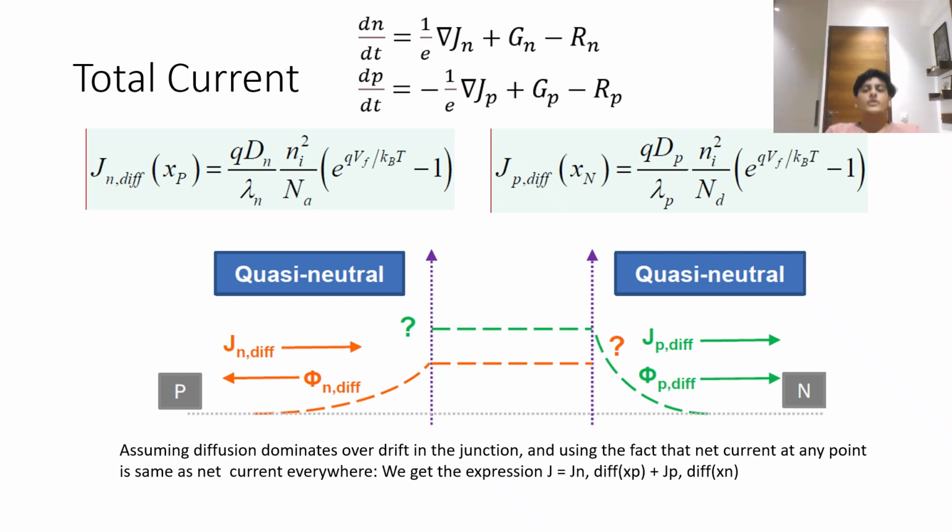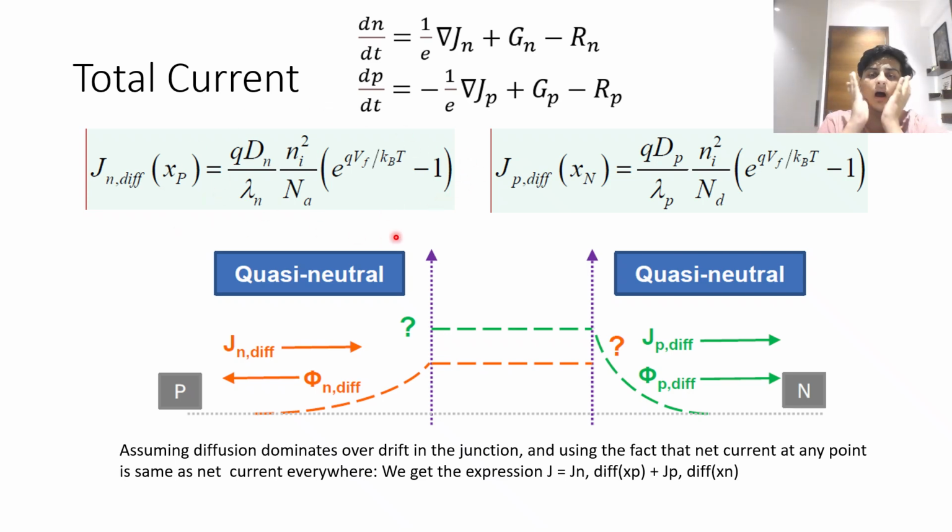Cool. So now we want to talk about this total diffusion current. Just the way you have diffusion current of holes at xn, you also have diffusion current of electrons at xp, and this will have an identically similar expression.